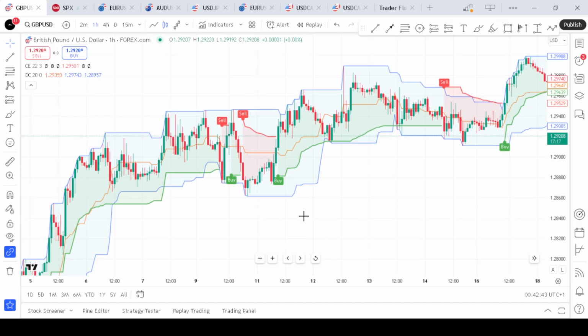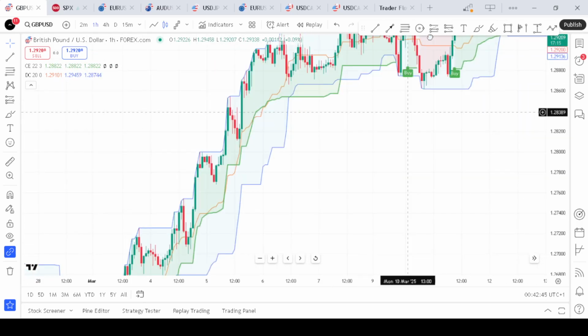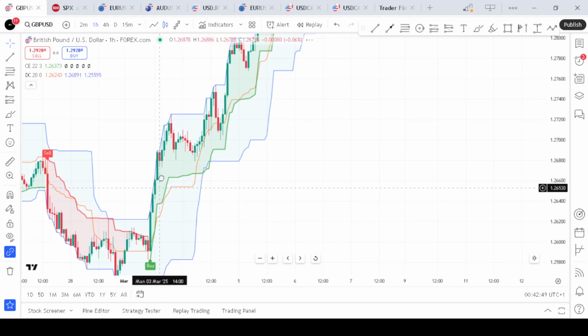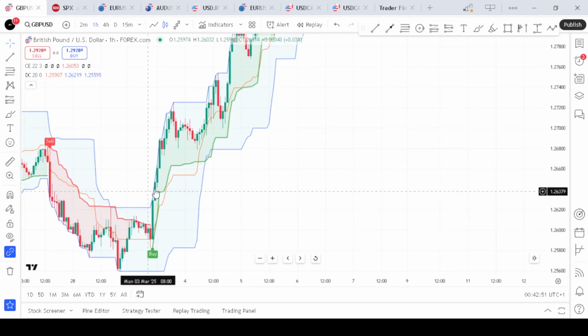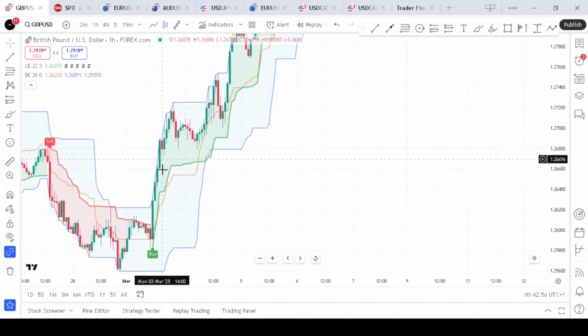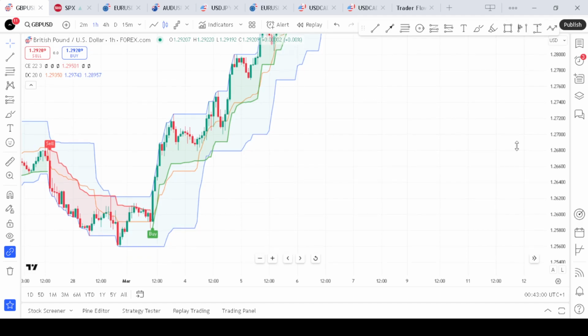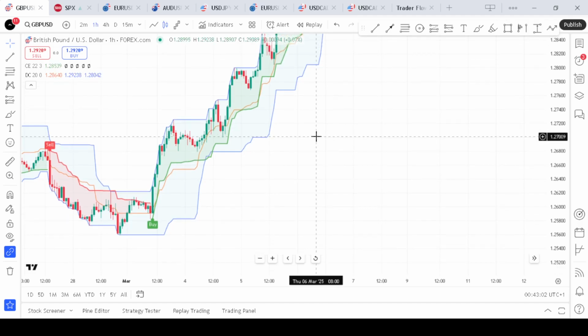So let's look for a good example from this area. You can see that price broke through the upside following the upper band of the Donchian channel, which signals a bullish trend.